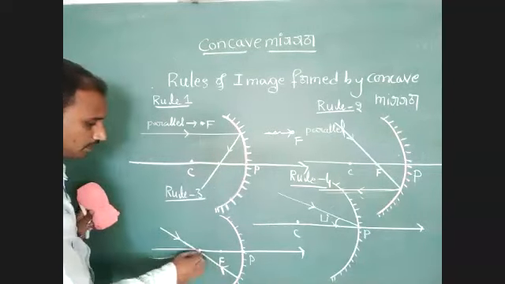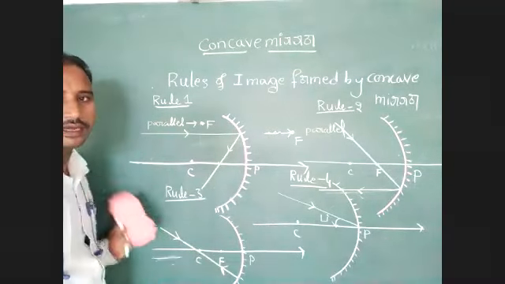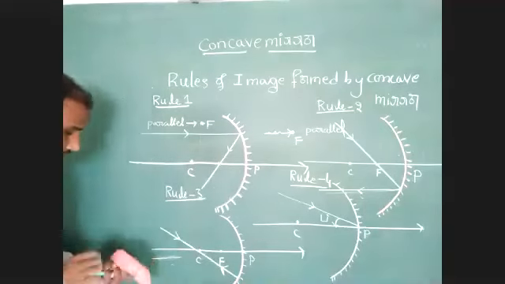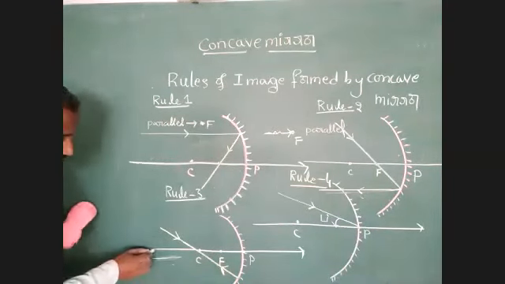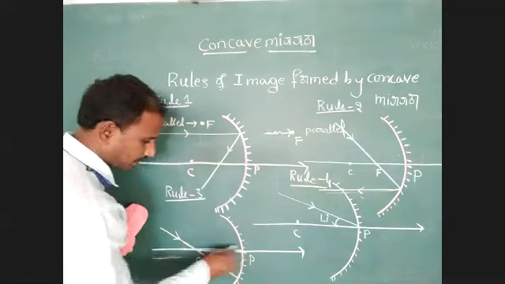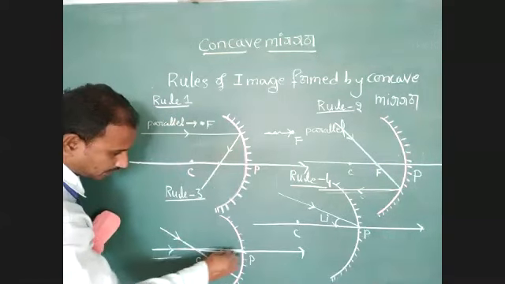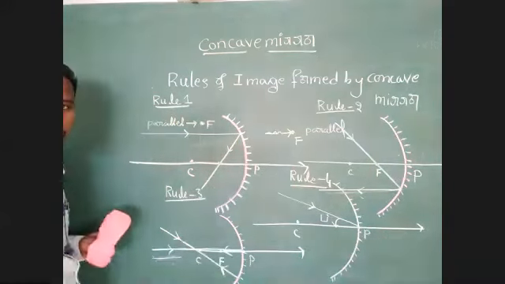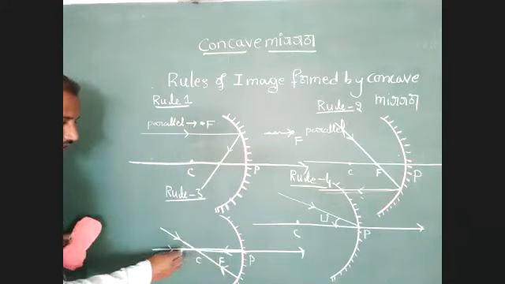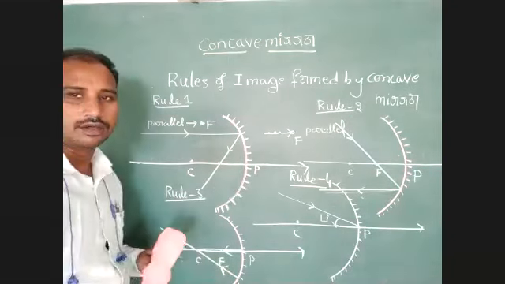So it follows the incident light ray path only. We have to consider another light ray also. Here consider that light ray. This incident light ray, then the reflected ray rebounds into the same path, and that reflected ray is passing through the center of curvature.